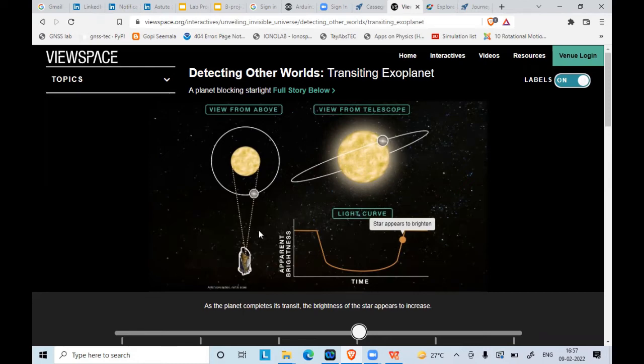And if I know the period of that exoplanet, and by some techniques I know the mass of the star, I can also determine at what distance that exoplanet is revolving around that star. That is how these other worlds with exoplanets are being explored these days using advanced telescopes.